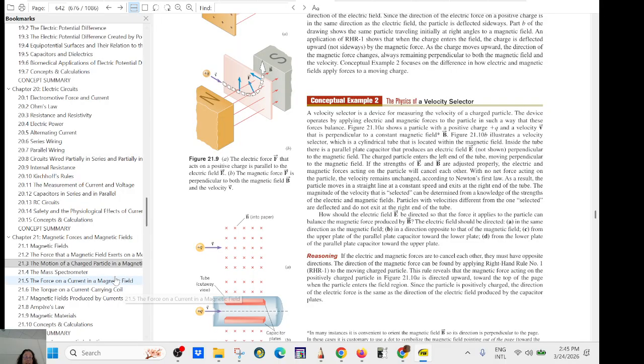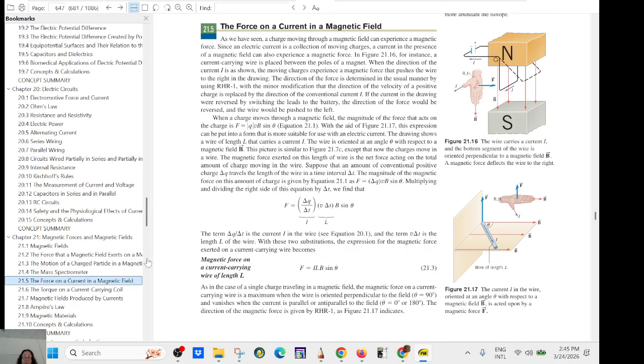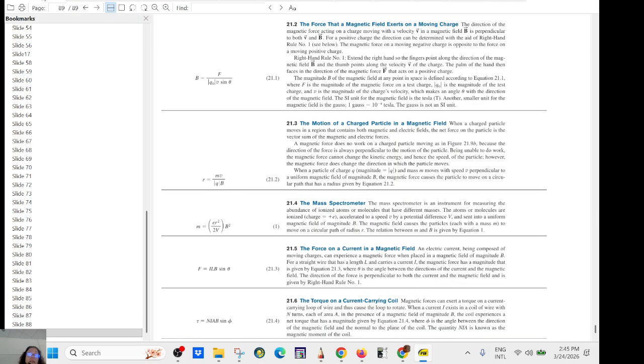So we did all that. You have the current, the magnetic field, that will be the force. At the end, you have a summary of everything here, and you can review. That will be the magnetic force. That will be the radius, motion of a charged particle in the magnetic field, and then the mass spectrometer, that will be the equation, the force on the current carrying wire, and that will be the torque.